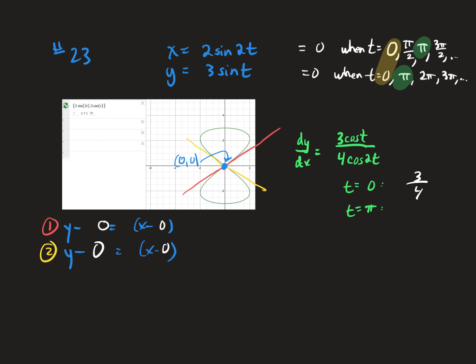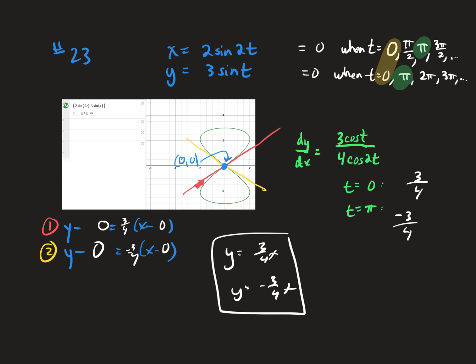And when t is equal to pi, 3 times cosine of pi is a negative 3, and 4 times cosine of 2 pi is 4. So y is equal to 3/4 x, and y is equal to negative 3/4 x. The equations of our two tangent lines that pass through the point where the graph crosses itself.